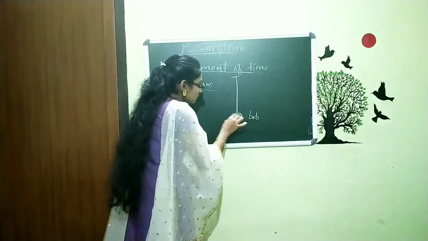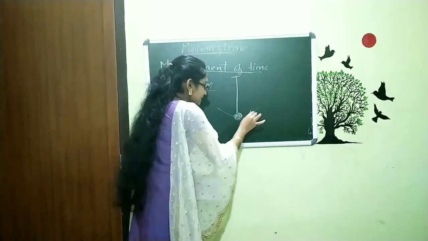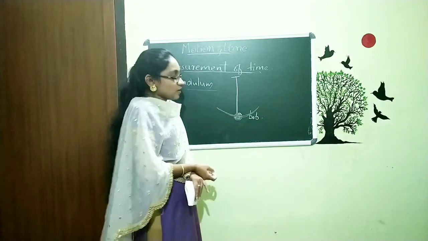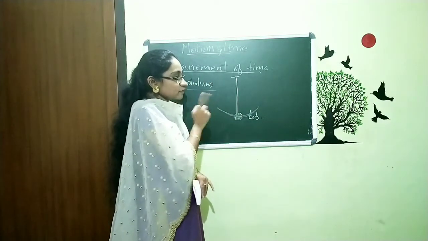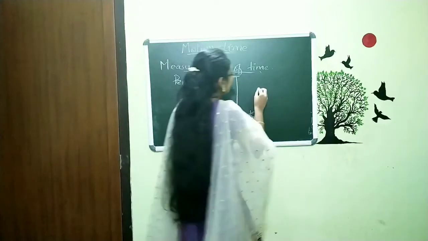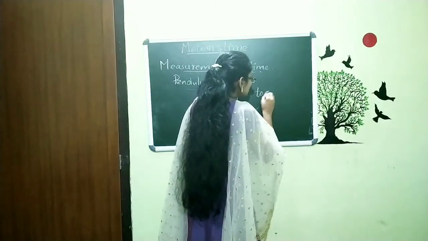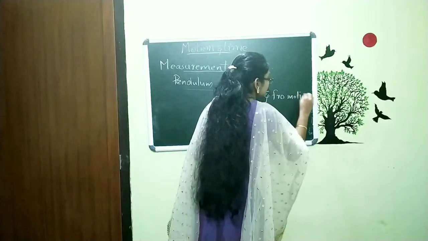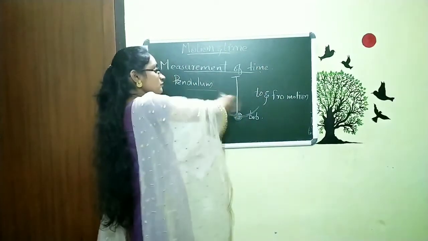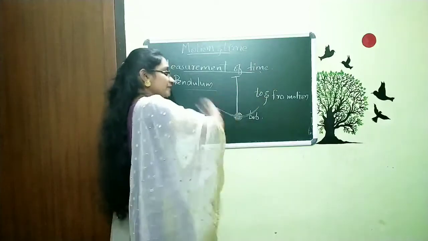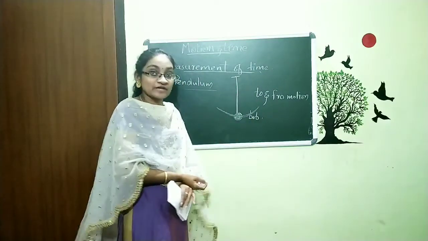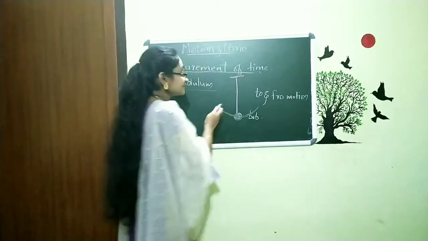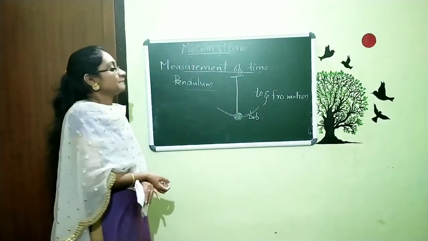That is, it will move to here and here. I call this motion to and fro motion. That is, the motion occurs forward, backward, and I call that to and fro motion.